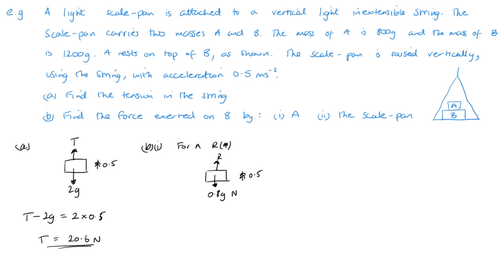Rather than find the force exerted on B by A, I'm going to find the force exerted on A by B, and then using Newton's third law, it will be the same. So using F equals ma, we have R minus 0.8g is equal to 0.8 times 0.5.